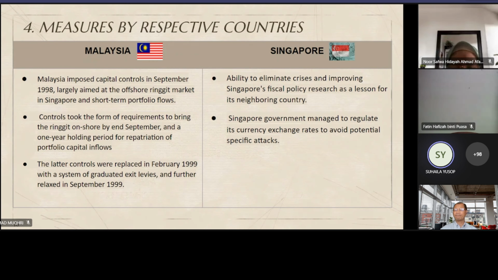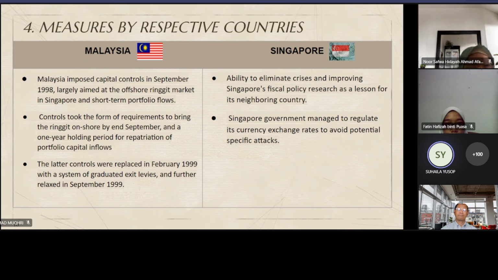And for Singapore, the Singapore economy managed a relatively healthy performance compared to other countries in Asia during and after the financial crisis.